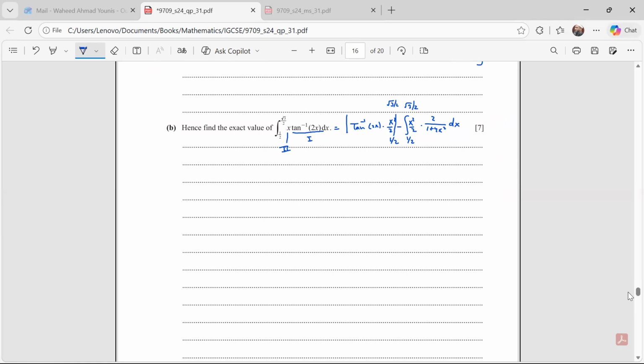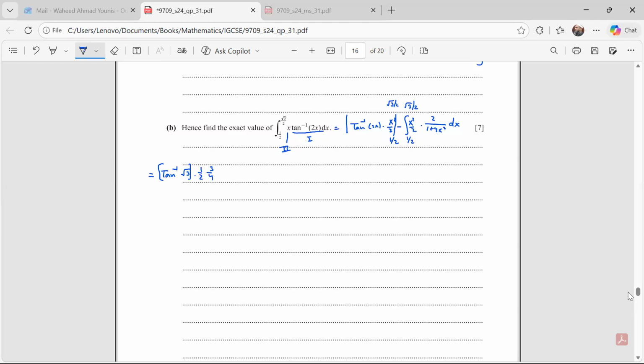Okay, so this is equal to, let me put the limits over here. When I put the upper limit, it will become tangent inverse of 2x, and 2x means 2 times this upper limit, which will become under root 3 only, into x squared by 2. So this is one part, and then 1 by 2 into x squared, so x squared will be 3 by 4.